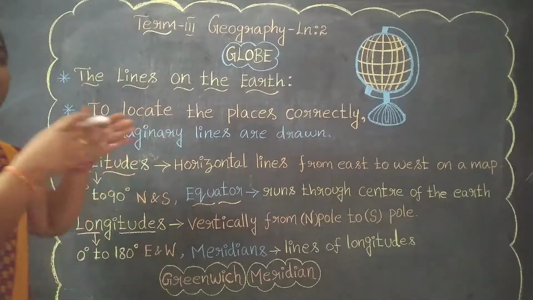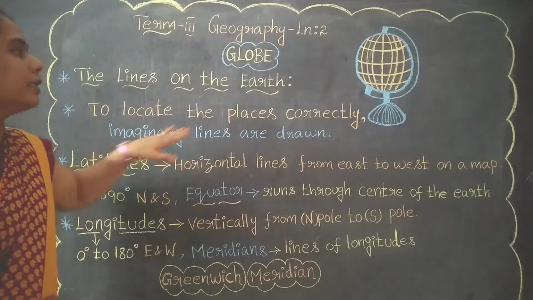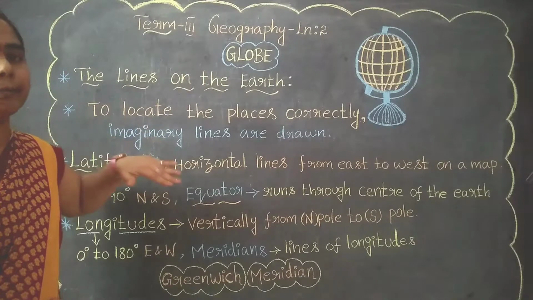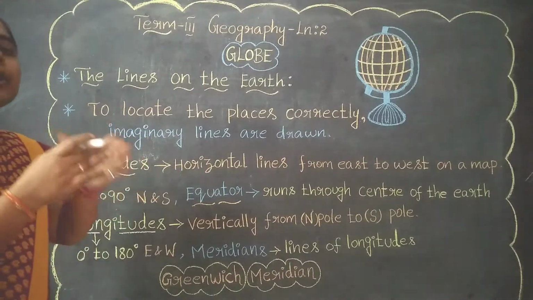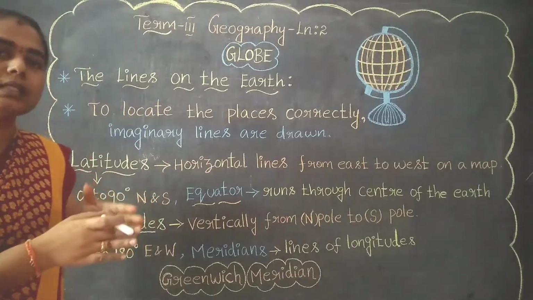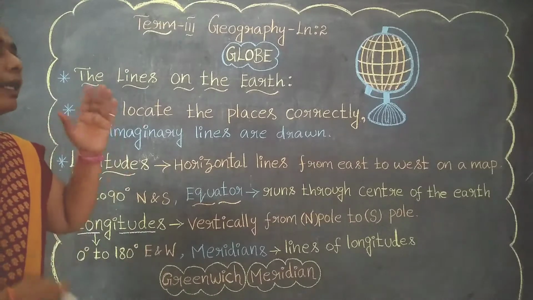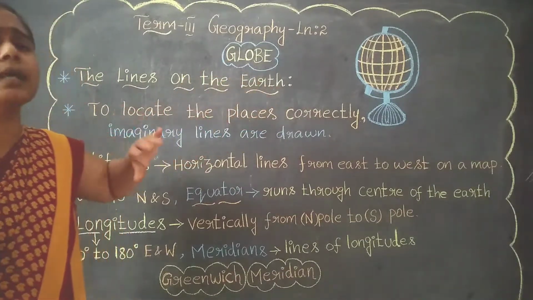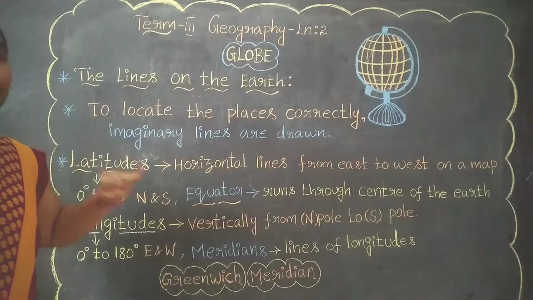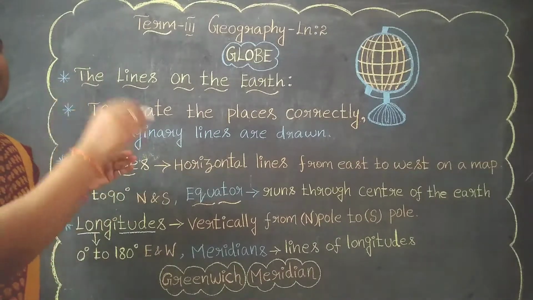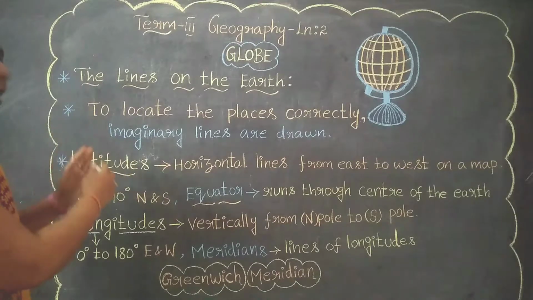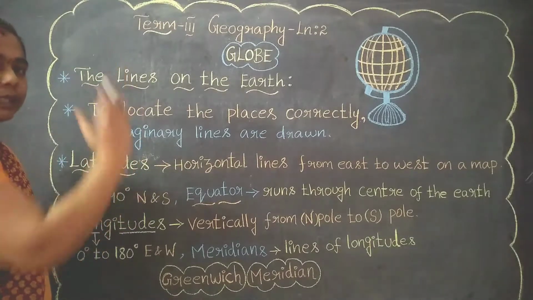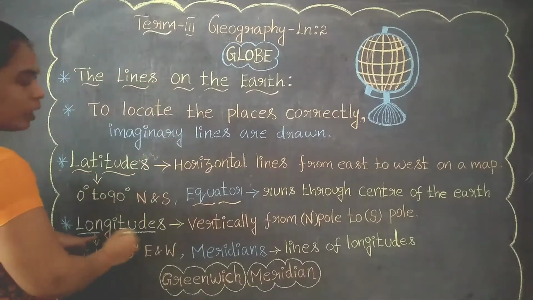For that reason they have drawn these imaginary lines, to calculate the accurate distance and time. Those imaginary lines are named latitudes and longitudes. The horizontal lines are latitudes, and the vertical lines are longitudes.